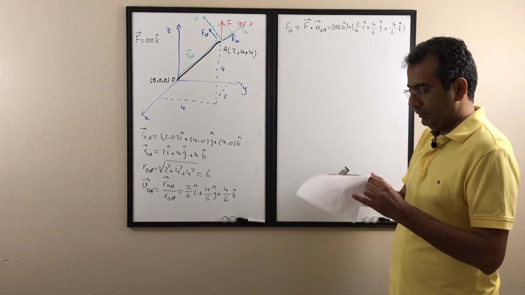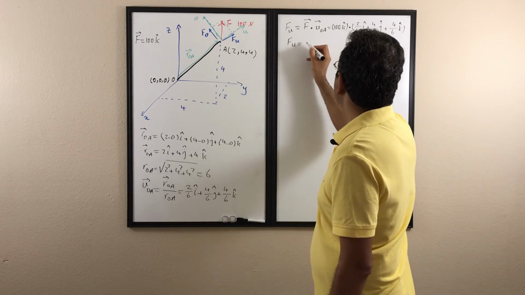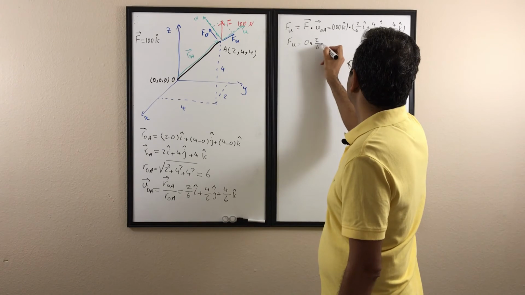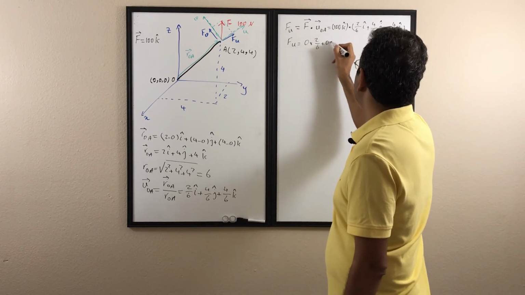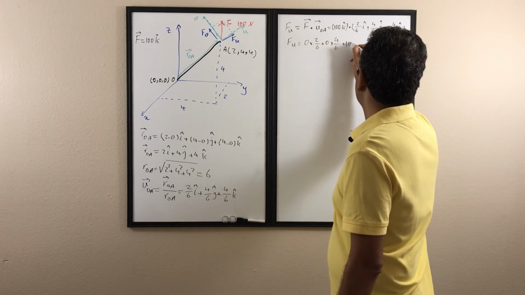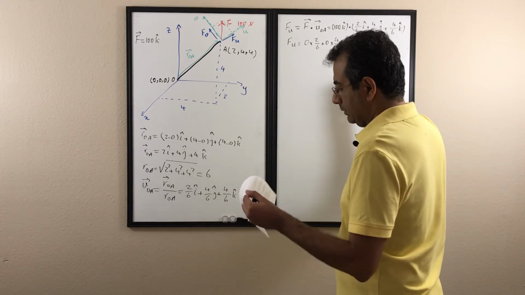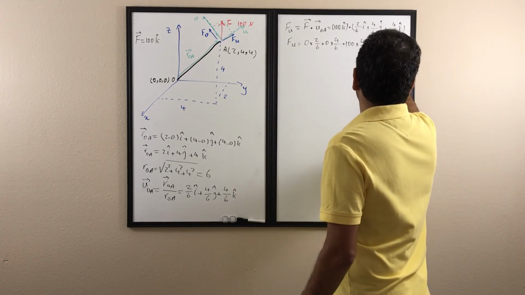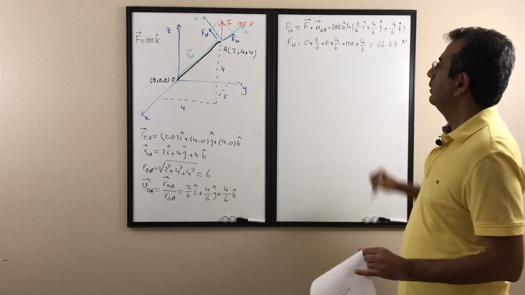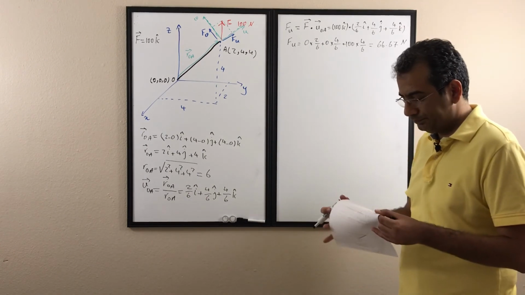So the magnitude of F_U is 0 times 2/6 plus 0 times 4/6 plus 100 times 4/6, which gives us 66.67. So that's the magnitude of F along the OA axis.